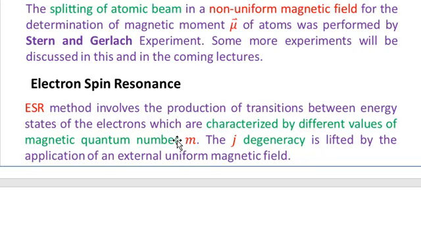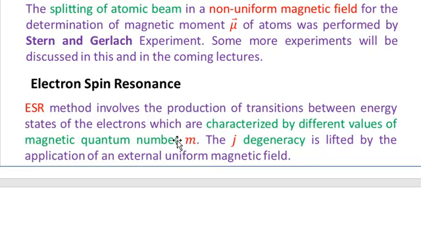And in that case, we also talk about the total angular momentum of the atom, which is referred to as the J vector. And you know that those states are also determined by the quantum number, which we call the total quantum number J of the atom.